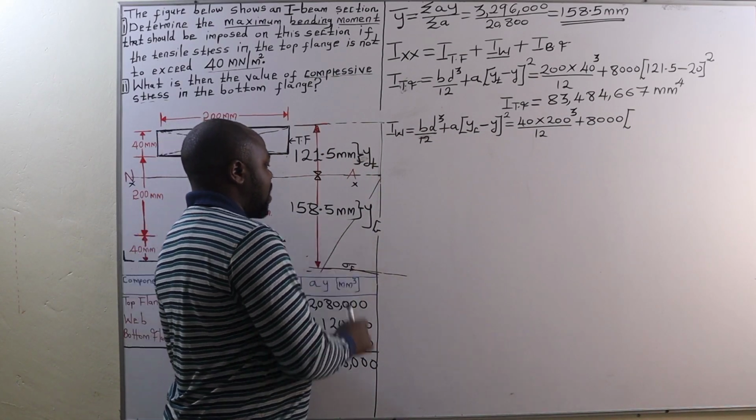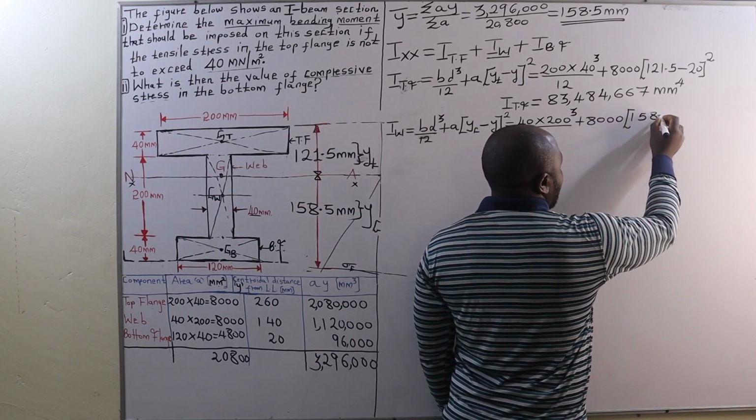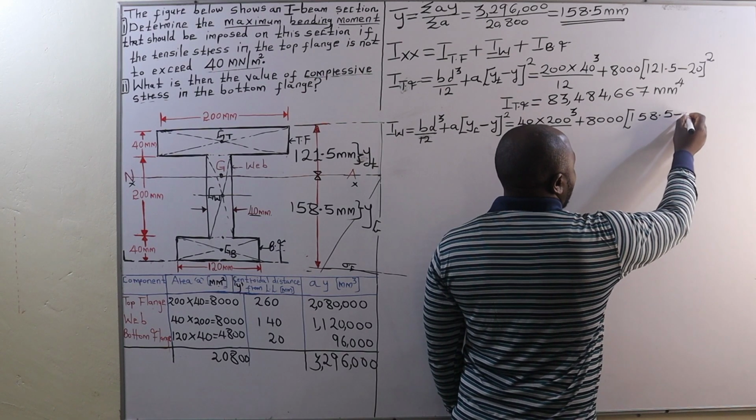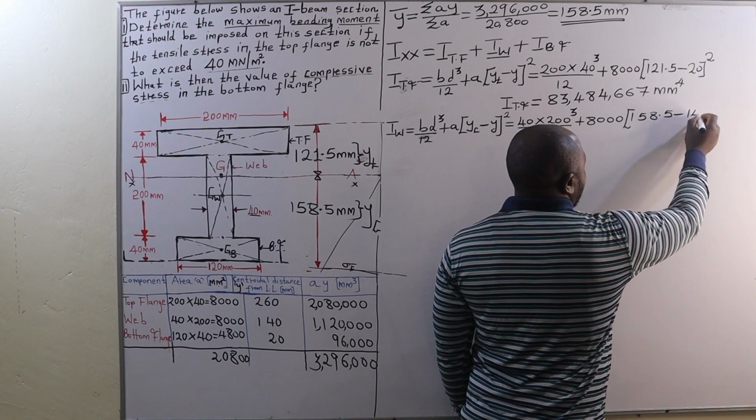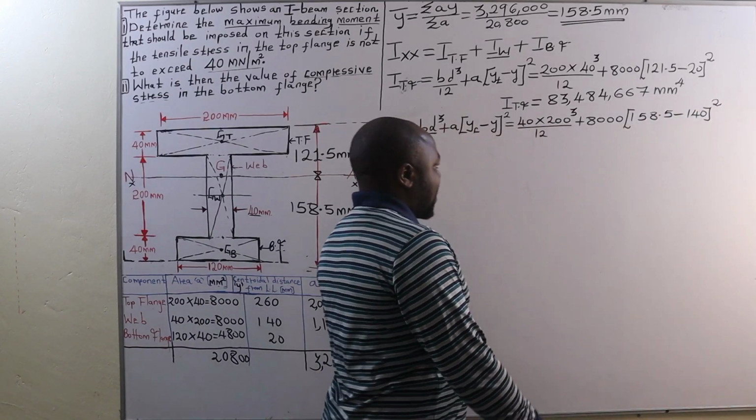YC is 158.5. Therefore, 158.5 minus Y, which is 140, and then we square that.